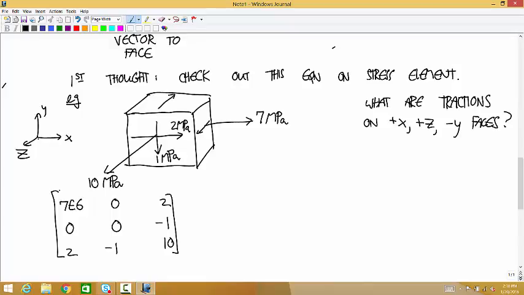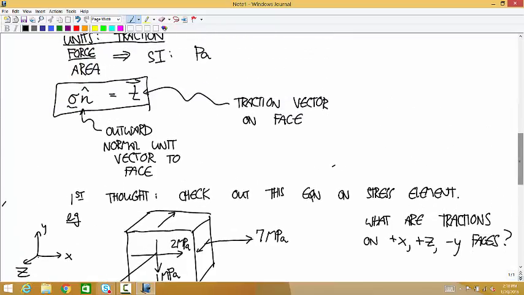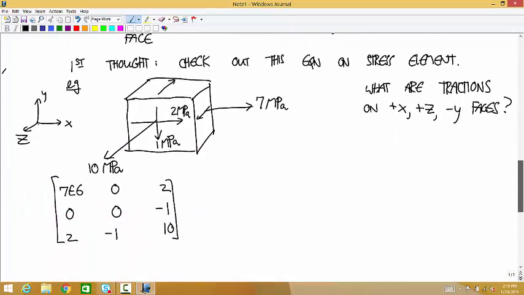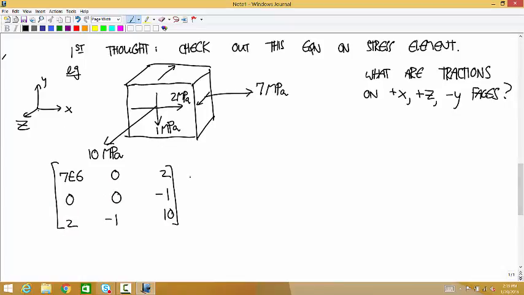Okay, and now if we're trying to calculate the traction on the positive x face, what's an outward facing unit vector normal to the positive x face? I'm just trying to come up with this unit vector n that I have to multiply to calculate this traction. Well, the x face, it's going to be 1, 0, 0.